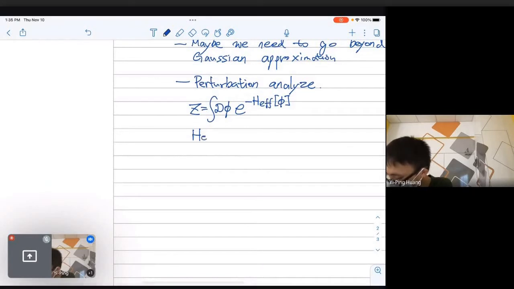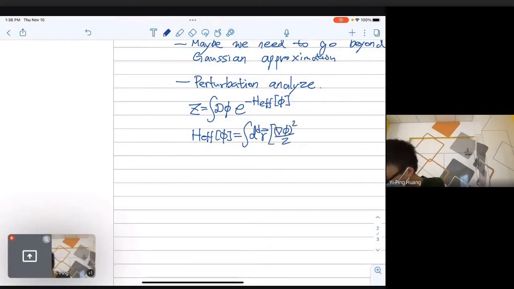This effective Hamiltonian of phi is essentially the d-space integral of the gradient of phi squared plus the quadratic term and the quartic term.